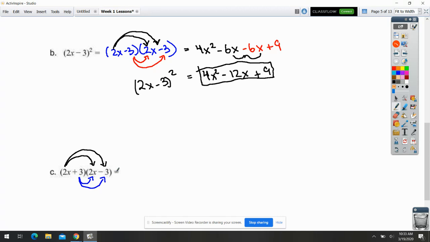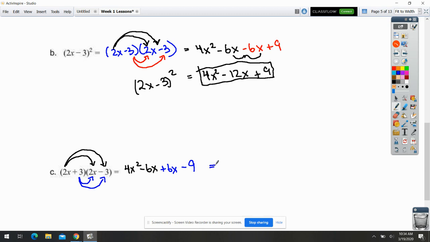So let's see how this works out. So 2x times 2x is 4x squared, and 2x times negative 3 is negative 6x. And in blue, we have 3 times 2x, which is 6x, and then 3 times negative 3, which is negative 9.